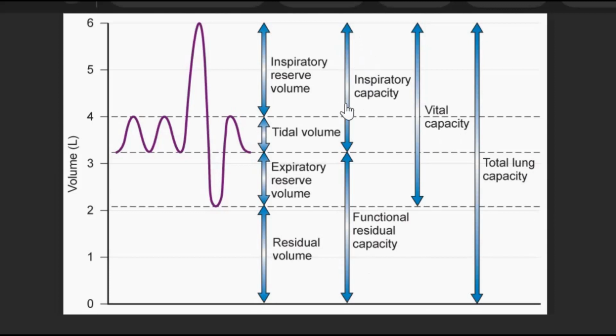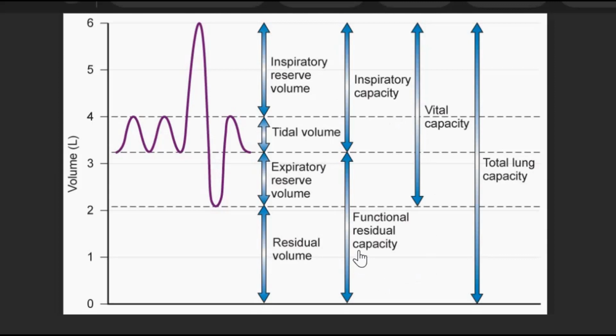That is the maximum amount of air that can be inhaled. That includes your tidal volume and your inspiratory reserve volume. So you add inspiratory reserve volume and tidal volume to get the inspiratory capacity. That means the maximum amount of air that can be inhaled.